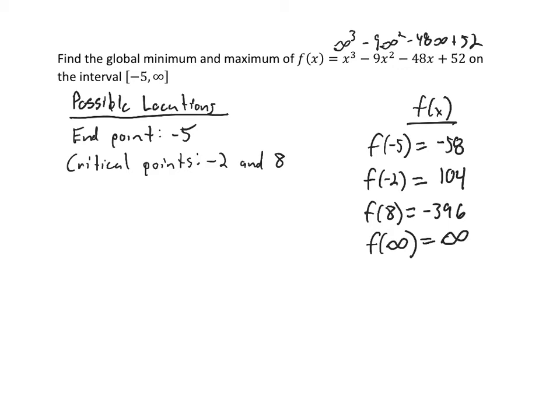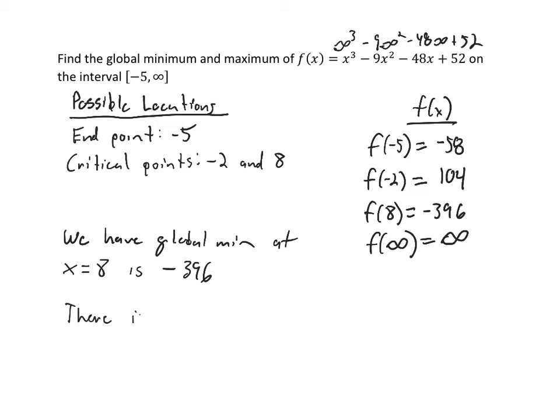So in this case, we have a global min, the smallest possible value, the global min at x equals 8 is negative 396. However, there is no global max. And the reason is this function just continues to rise on and on and on forever and ever.